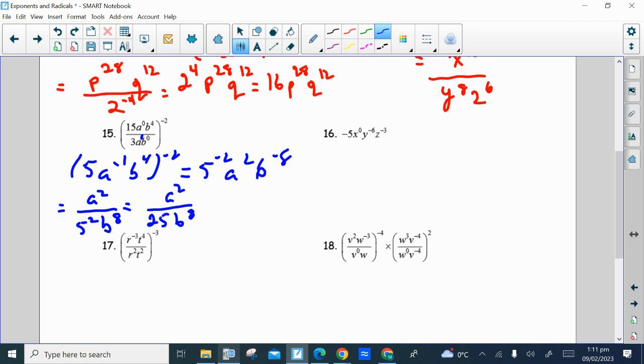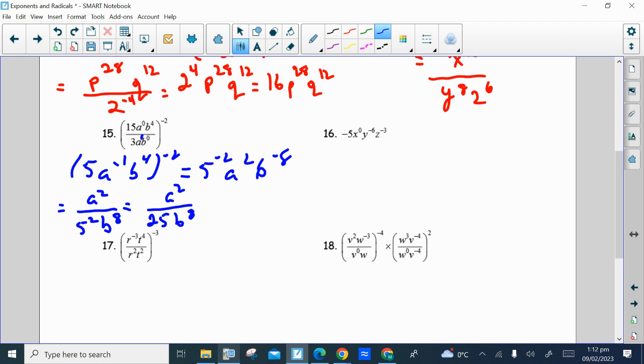But it's a negative exponent, not a negative number. It's 5 to the negative 2. That's not a negative number, that's a negative exponent. It's not negative 5, it's 5 to the negative 2. If it was negative 5, then absolutely it would stay, because that's a negative number. But 5 to the negative 2 is not a negative number. It's 1 over 5 squared or 1 over 25. That's a positive number.